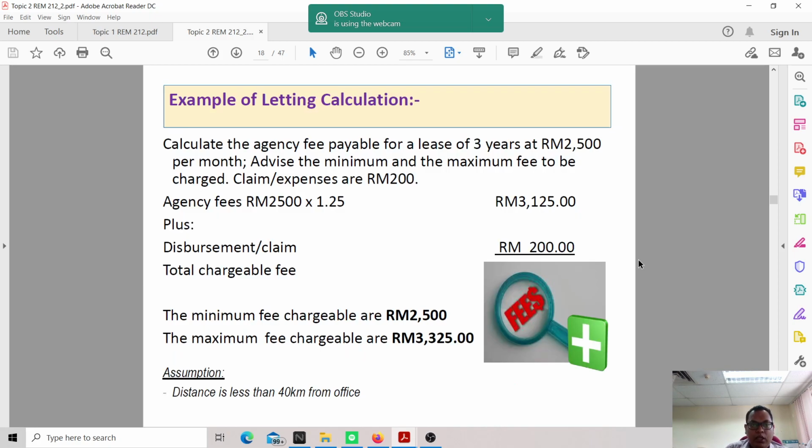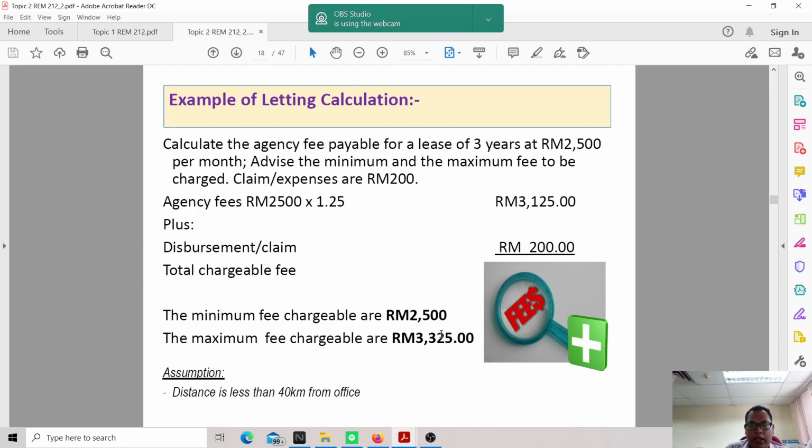Okay. Example of the letting calculation, like I stated before, 3 years at 2,500 ringgit. 2,500 times 1.25 is 3,125 ringgit, plus the disbursement and also the claim, it becomes 3,325 ringgit. So the minimum fee according to 1 month is 2,500 ringgit, and the maximum fee is 1.25 plus the claim.